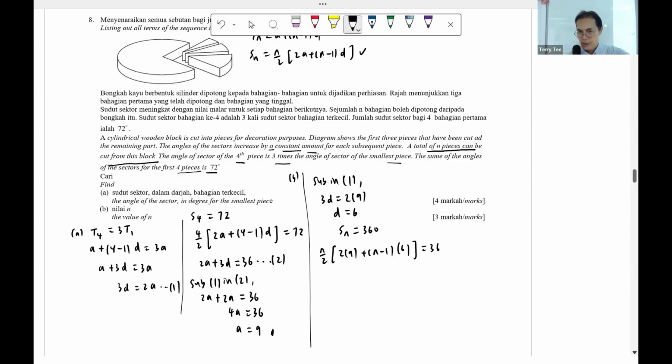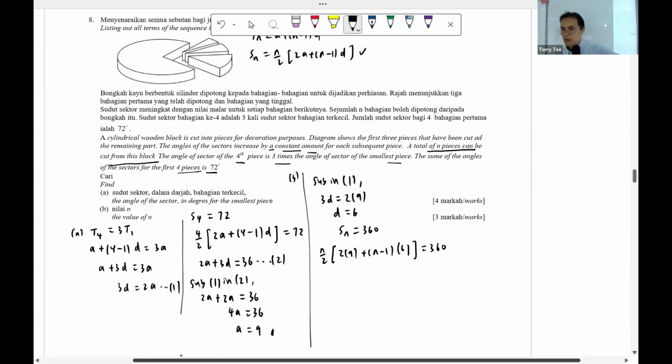The result is 360. I know a lot of people tend to multiply the 2 over. Can I just divide by 2? Because there's a half here, right? This half I cancel it. 6, I can divide by 2. I'm left with 3. That will be easier. Simple number. Keep your n. 9 plus 3n minus 3 equals 360.